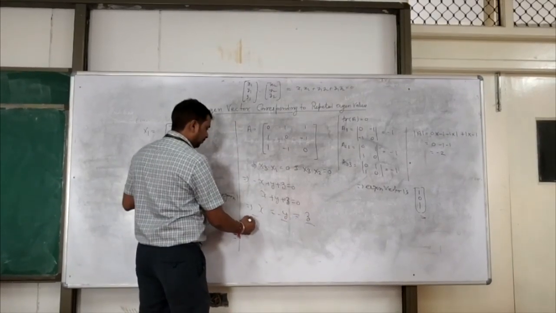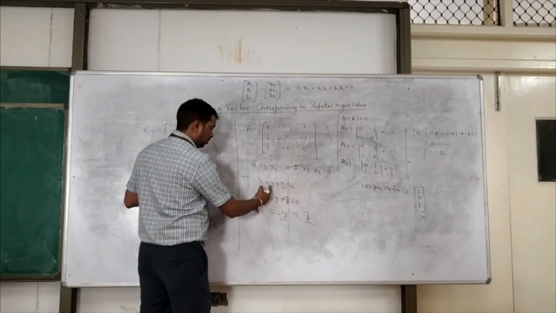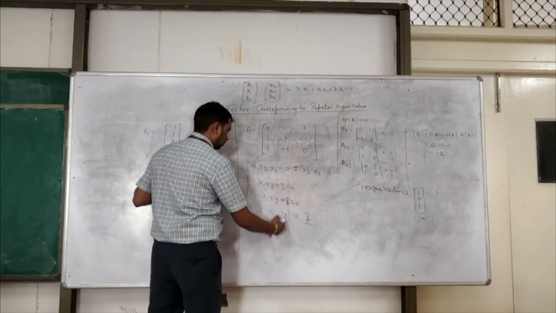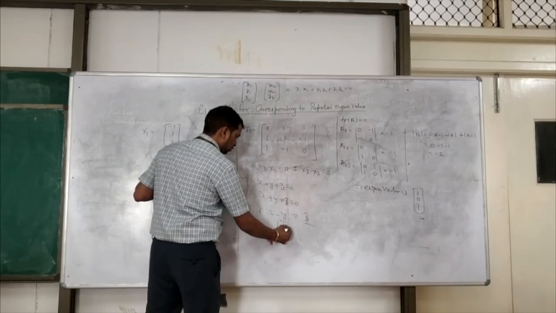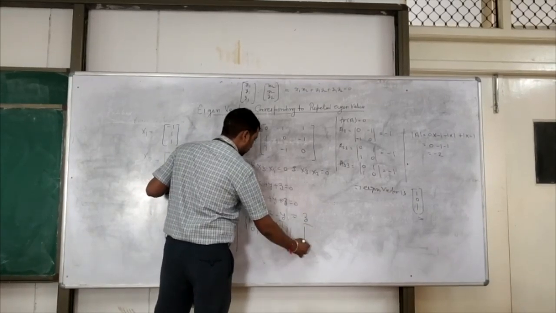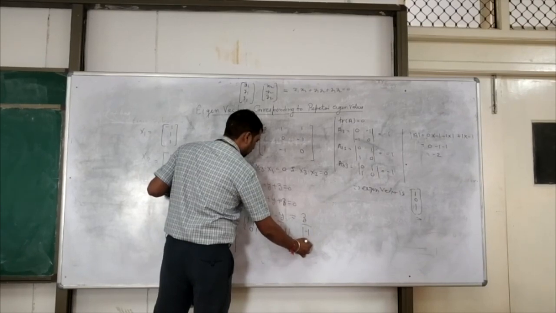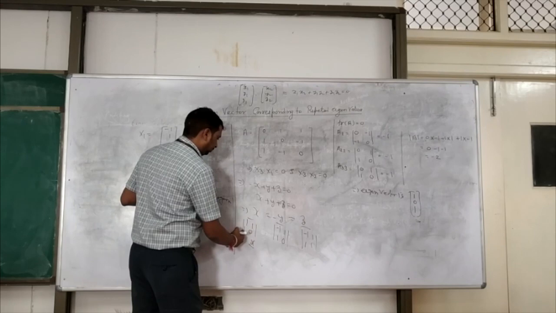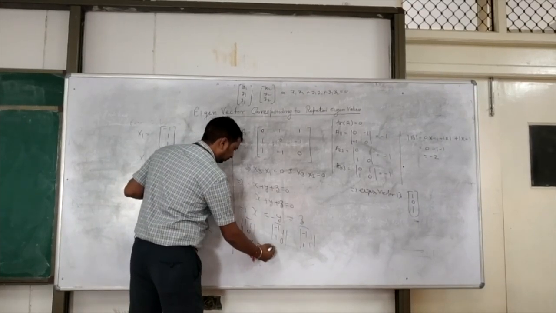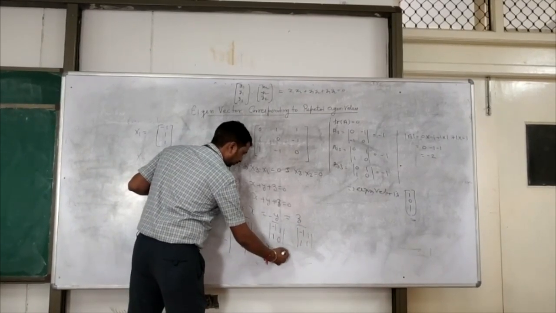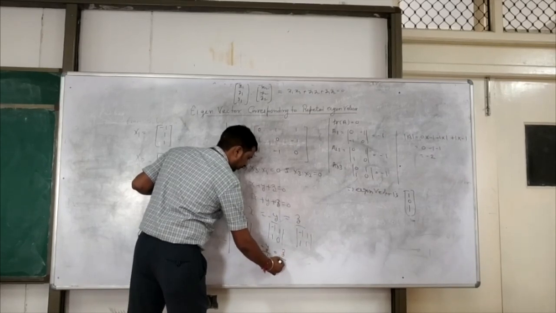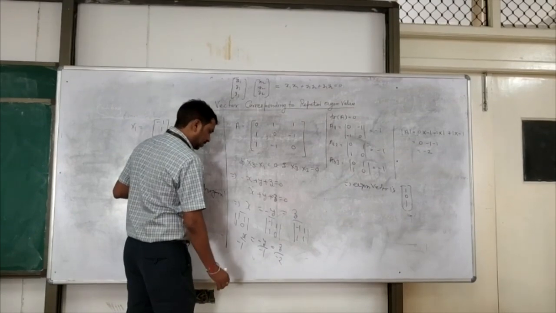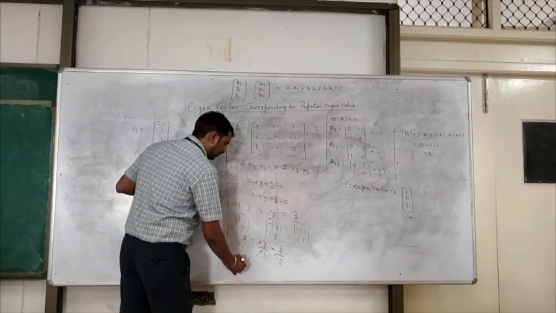What is the value? 1, 1, 1, 0. The minus cancels.